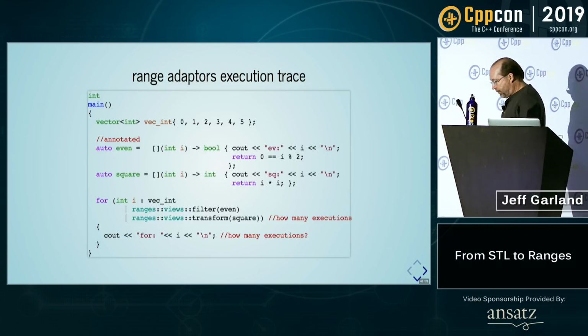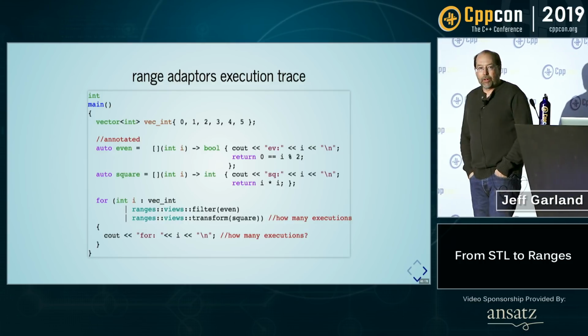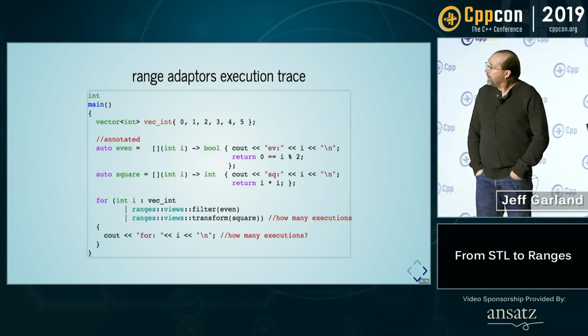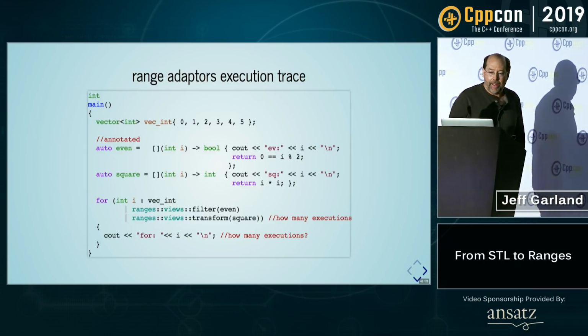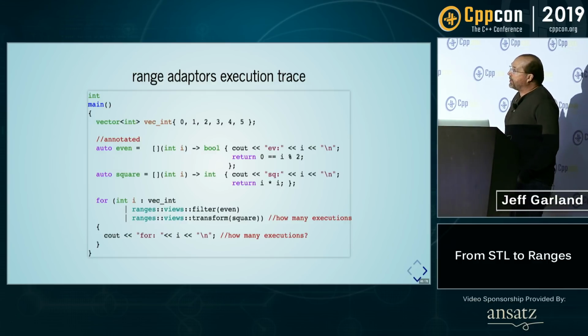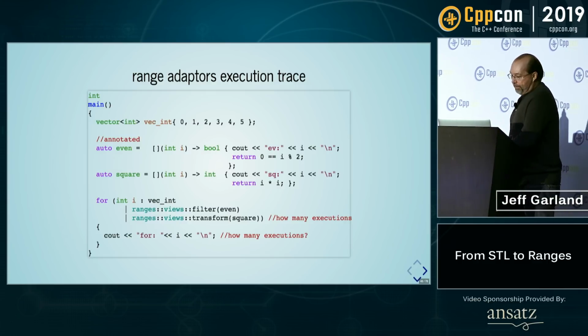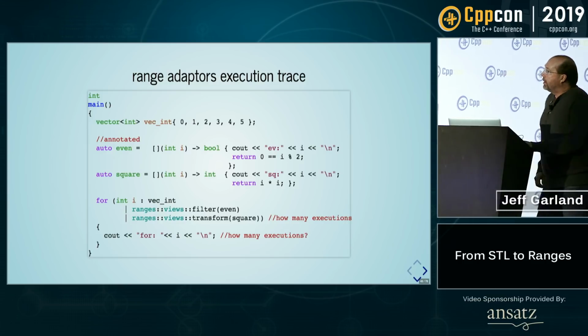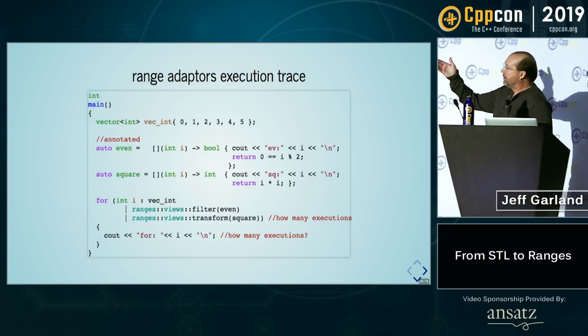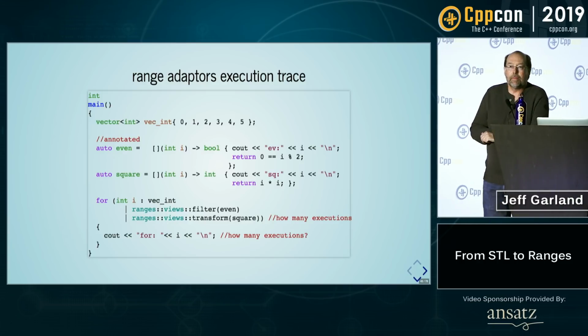All right. So there are no free abstractions, right? The first thing I want to know is, what's actually happening? How many times are we actually calling transform? Any guesses?